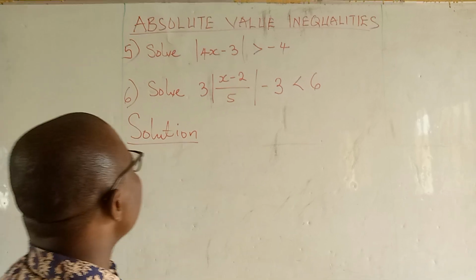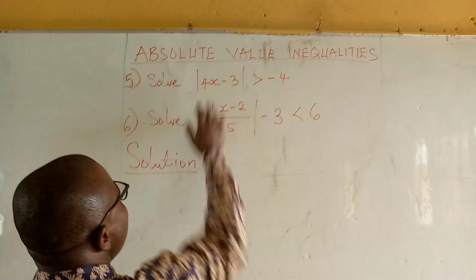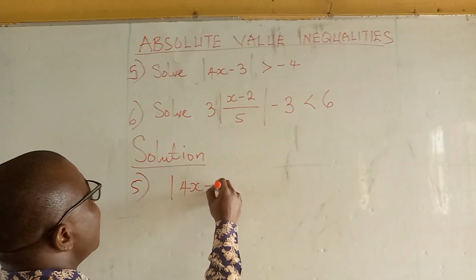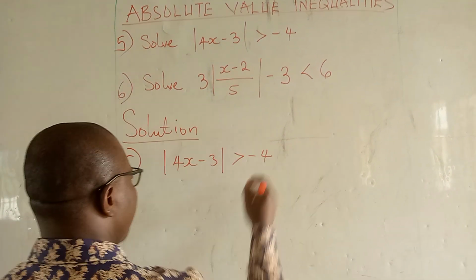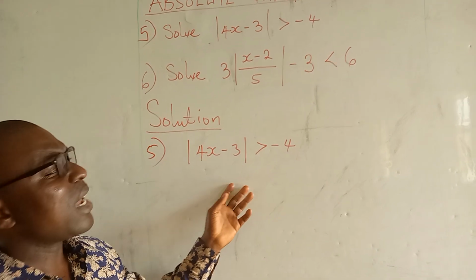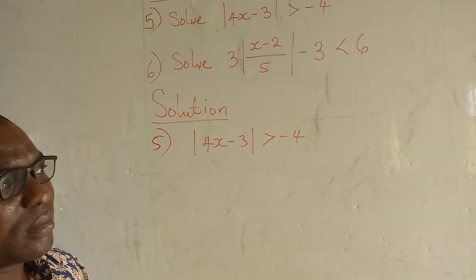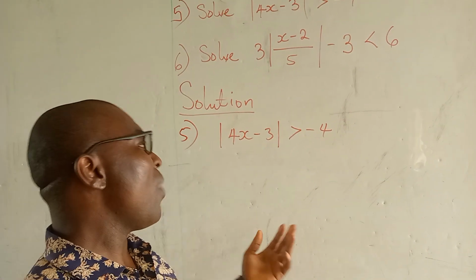So looking at the question on the board, solve the absolute value of 4x minus 3 is greater than minus 4. Again, looking at this, the solution is all real values of x. And why is this so?